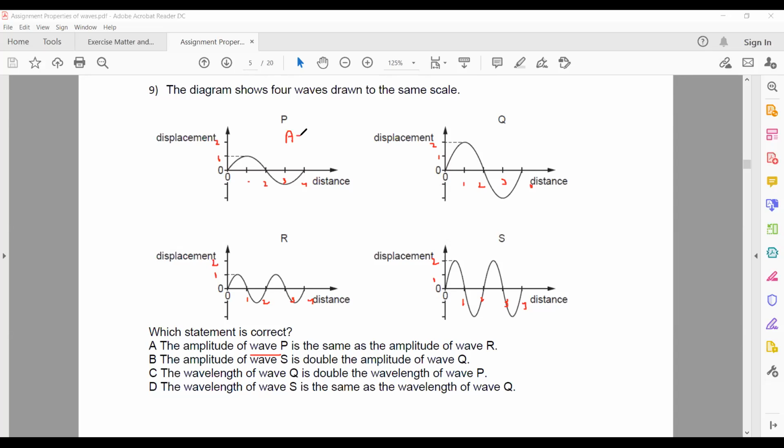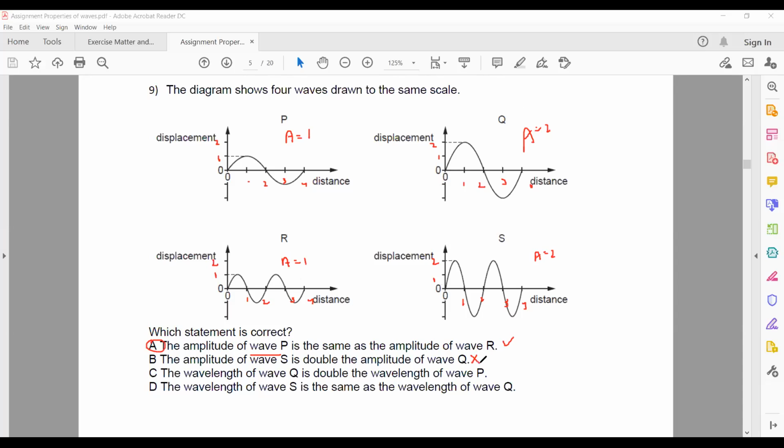The amplitude of this wave is 1 and the amplitude of R is also 1. That's correct. The amplitude of wave S is double compared to Q, but both have the same amplitude. This amplitude is 2. A is the right answer, but the other statements are not true.